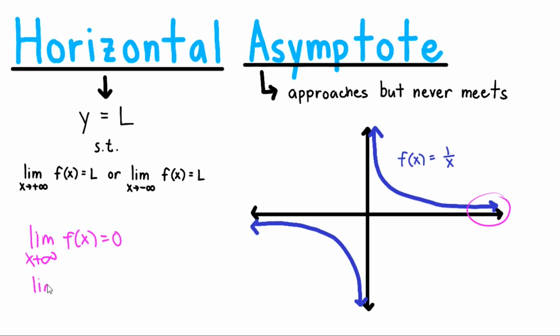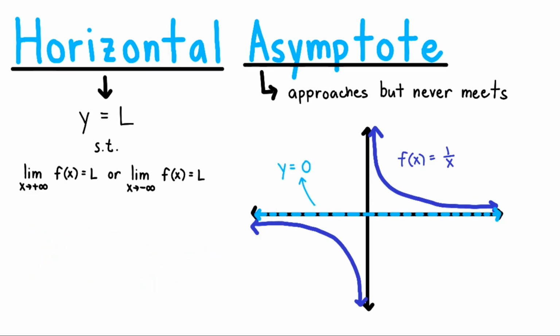Similarly, the limit as x approaches negative infinity of f of x is equal to 0. Given this, we know that its horizontal asymptote is given by y equals 0, which is this one here.